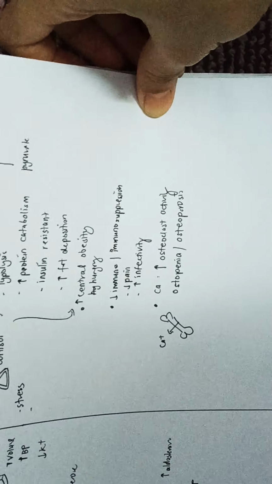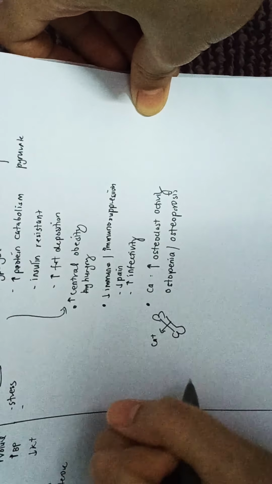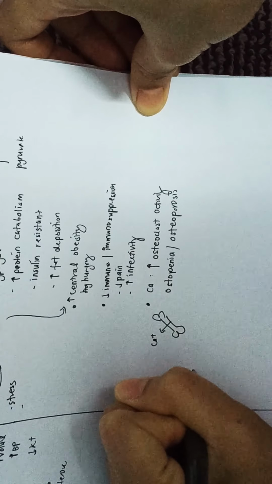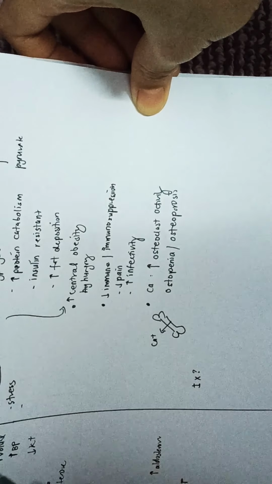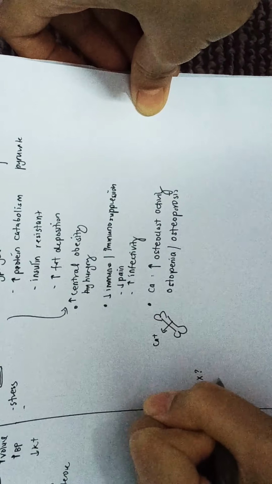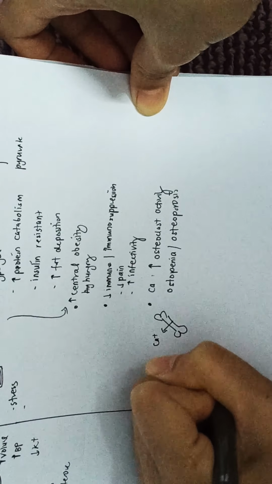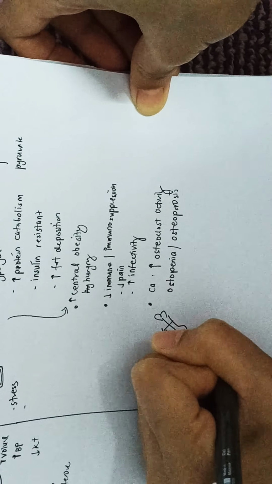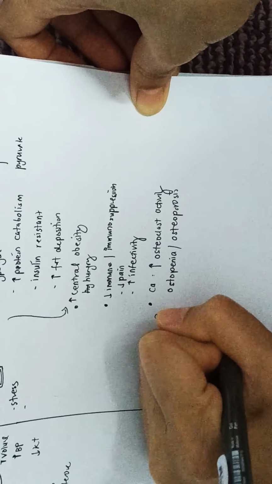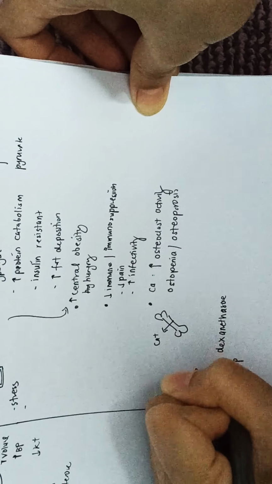So how do we investigate these conditions? The investigations can be done in two ways. First, the low dexamethasone suppression test.